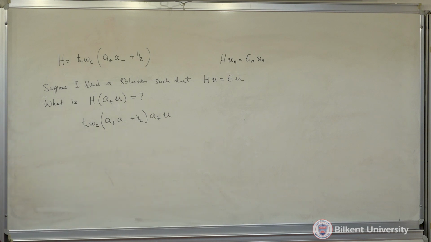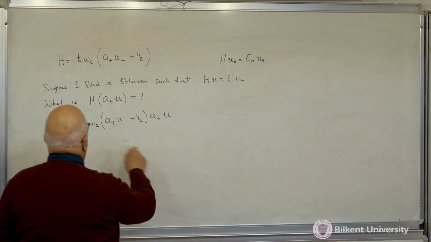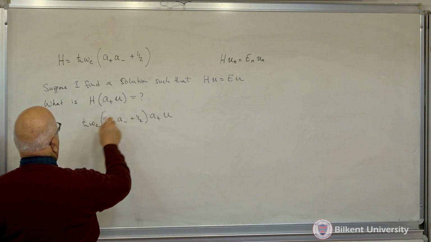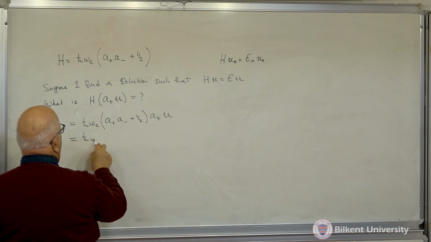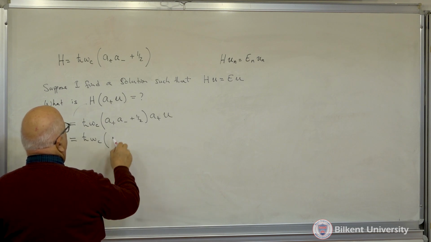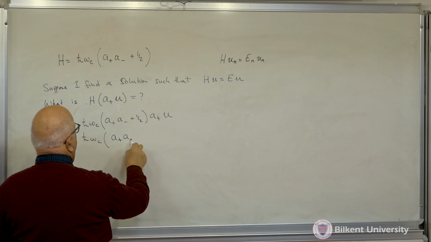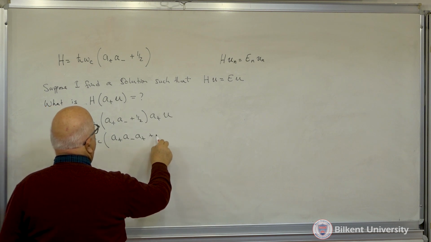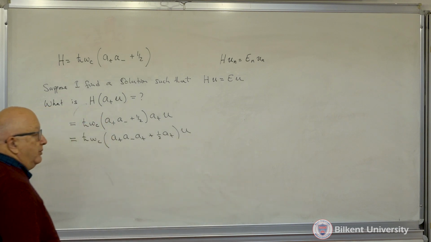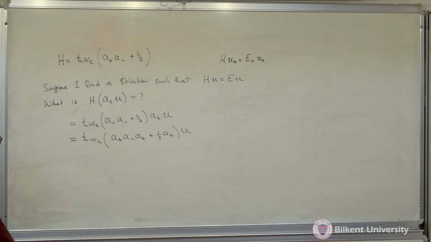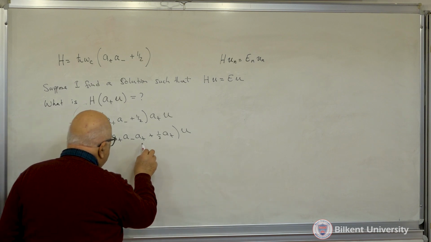So this thing is equal to h bar omega c, I have a plus, a minus, a plus, plus 1/2 a plus u. Right? Now, what I'm going to do is change the places of these two.